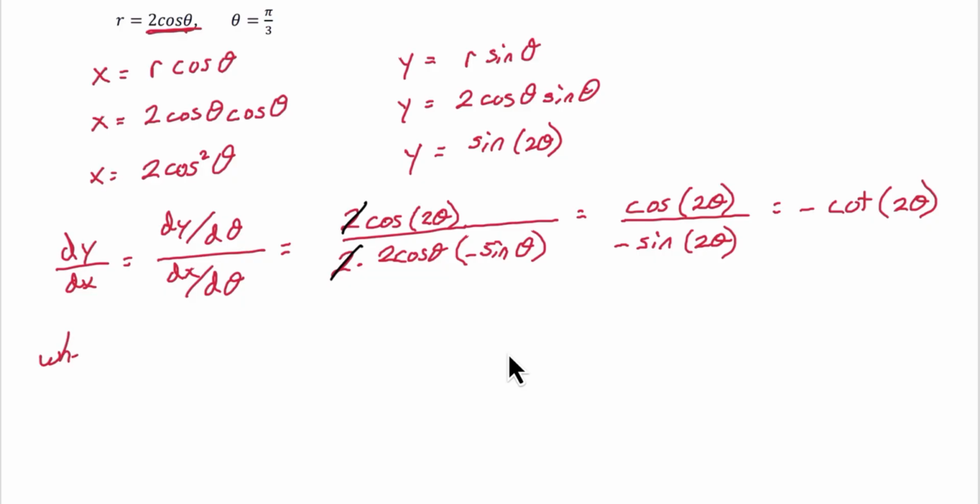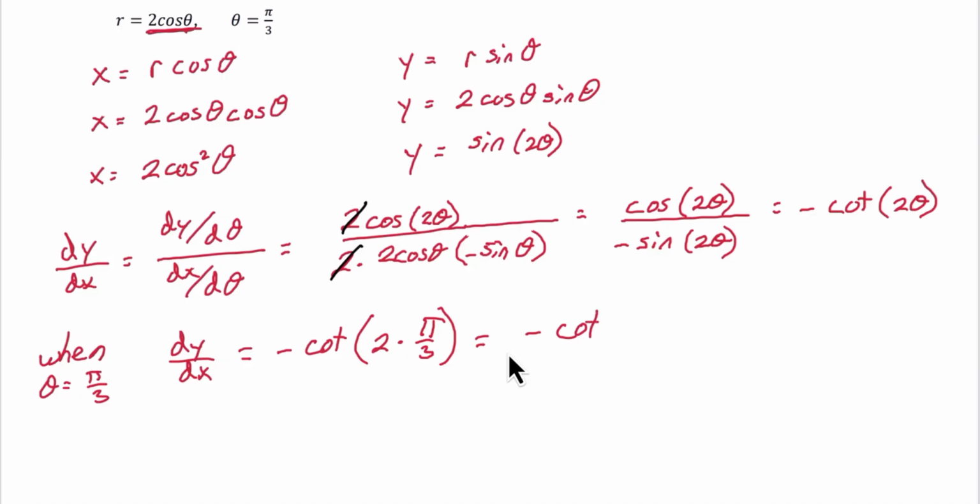Now, when theta is equal to pi thirds, dy dx is negative cotangent of 2 times pi thirds, or negative cotangent of 2 pi thirds.